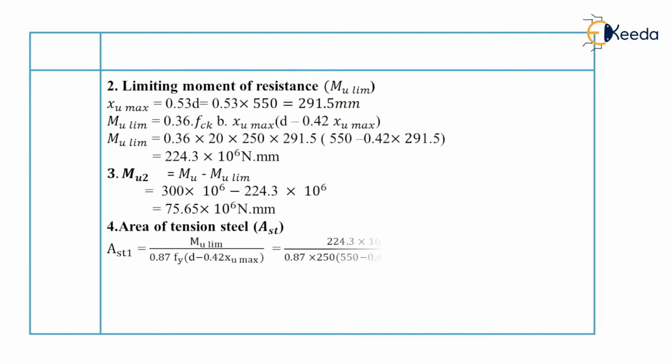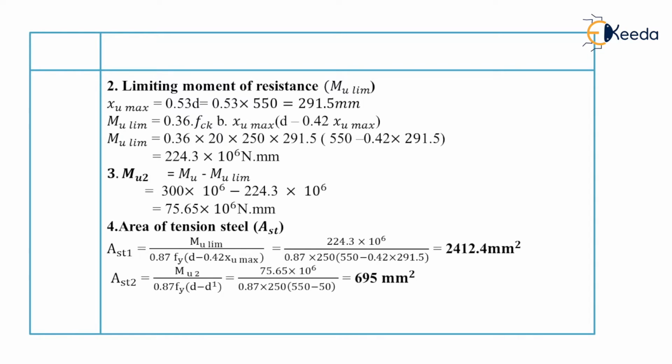We know the formula, Mu limit upon 0.87 into fy into d minus 0.42 xu max, which will give us the value of Ast1, which is equal to 2412.4 mm square. Similarly, Ast2 is equal to Mu2 upon 0.87 fy into d minus d dash, and which is equal to 695 mm square.